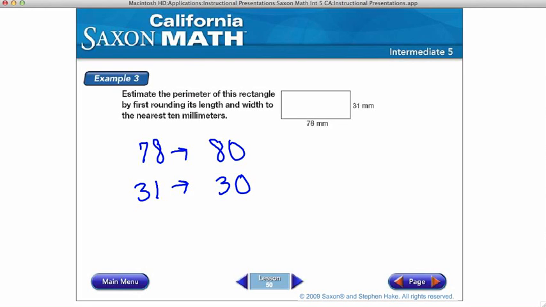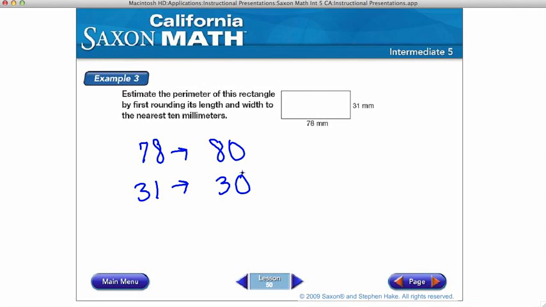And now I have a couple of options. I can add these together and multiply by 2. I can multiply by 2 and add them together, or I can just double them and add 4 numbers together, because I add 2 80s and 2 30s, one for the top and bottom, one for the right and left side.